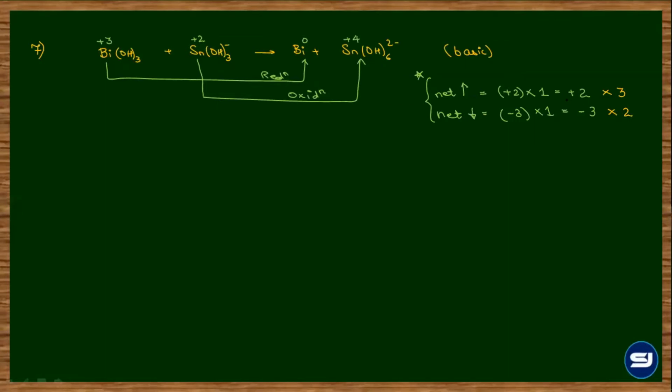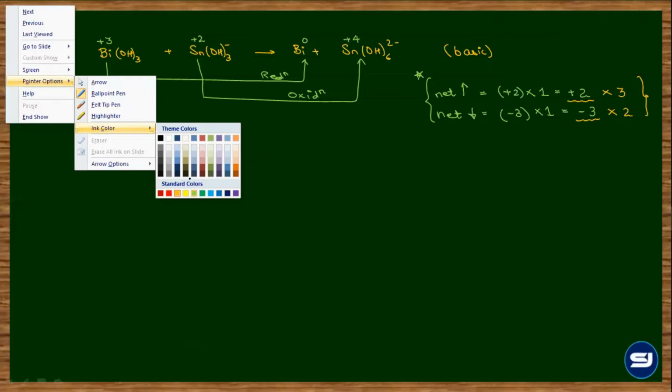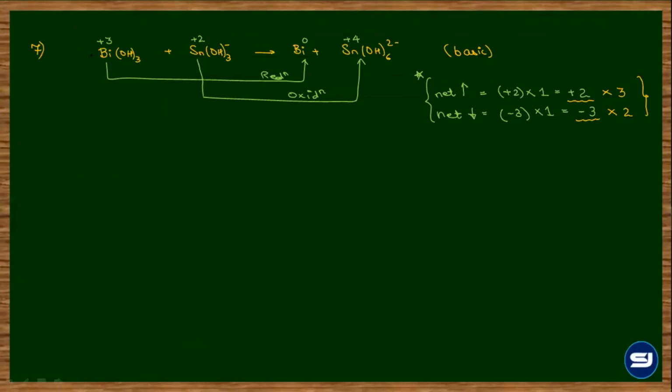So now the increase will be +6 and the decrease will also be -6. So what was the trick, what did I say? Take the LCM. So the LCM of 2 and 3 would be 6, and for 2 multiply by 3 and for 3 multiply by 2. Okay? So now the Bi species, which is the decrease, would be multiplied by 2 on both sides, and the Sn species will be multiplied by 3 again on both sides.